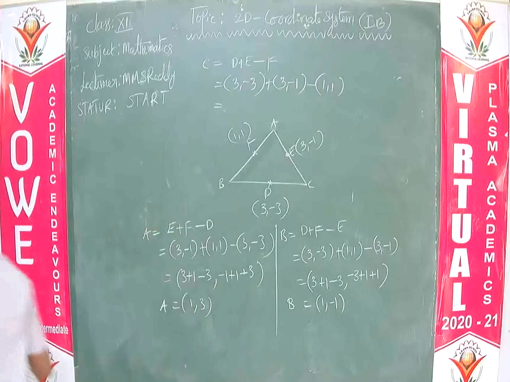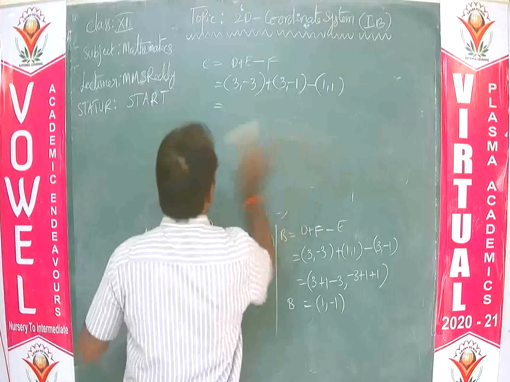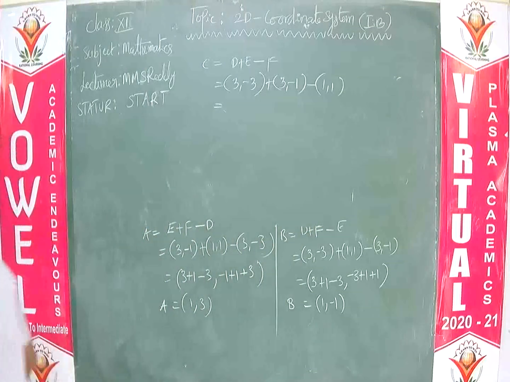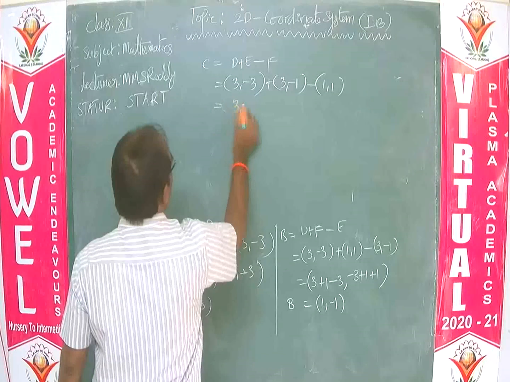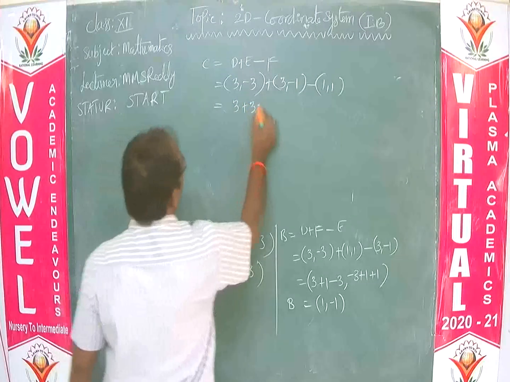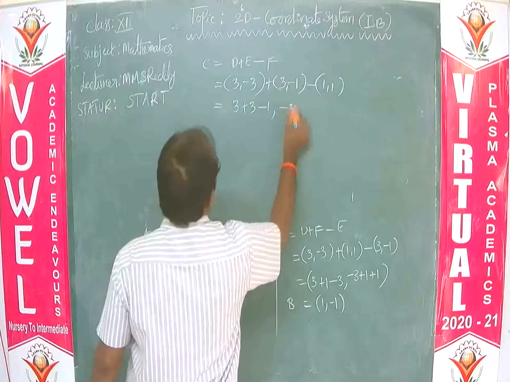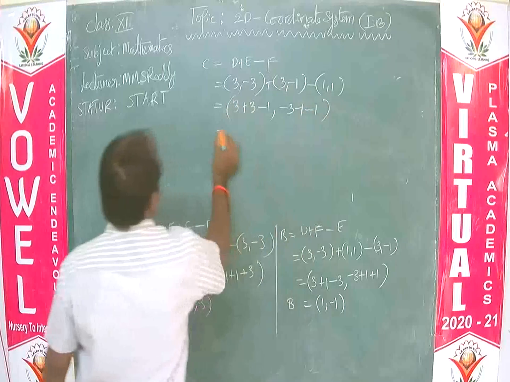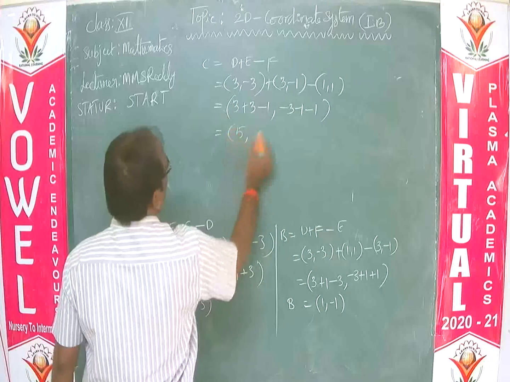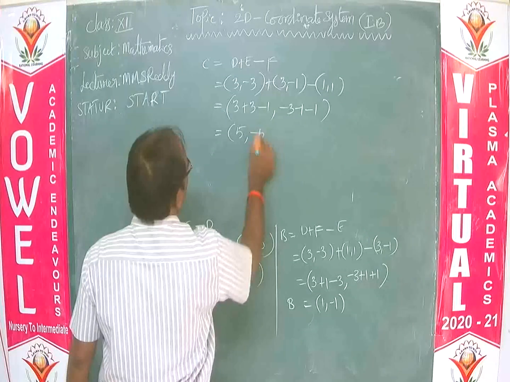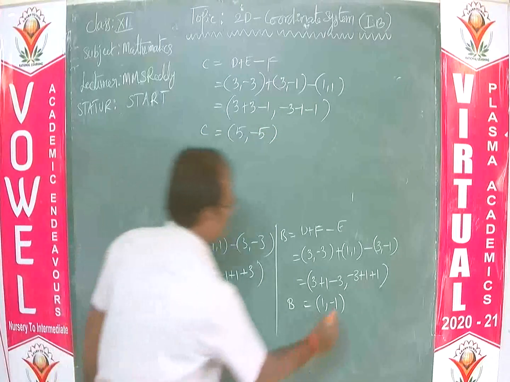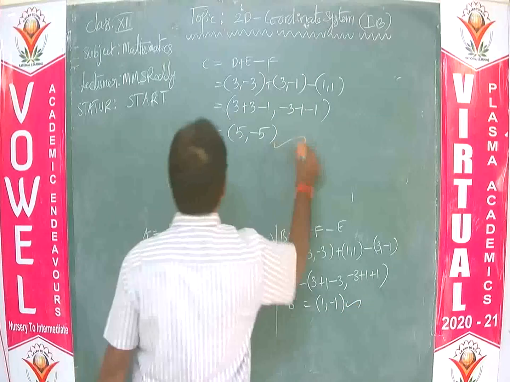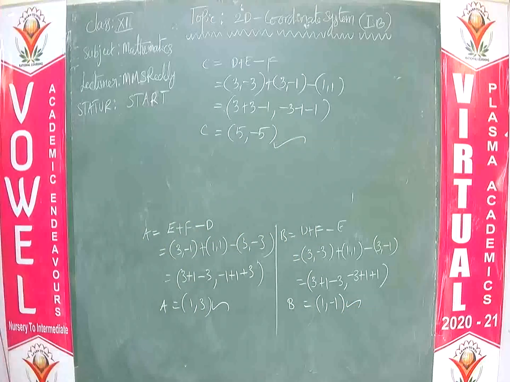That is equal to the sum of the x coordinates, 3 plus 3 minus 1, which is 5, and the y coordinates, minus 3 minus 1 minus 1, which is minus 5. Therefore A is 1, 3, B is 1, minus 1, C is 5, minus 5.